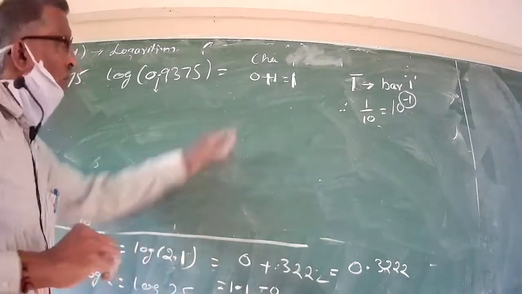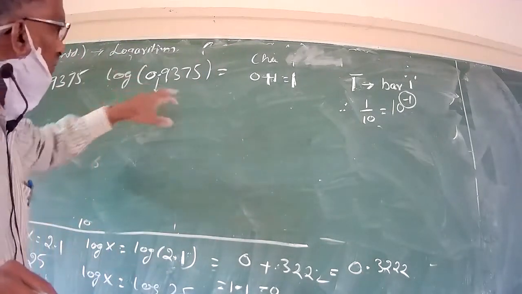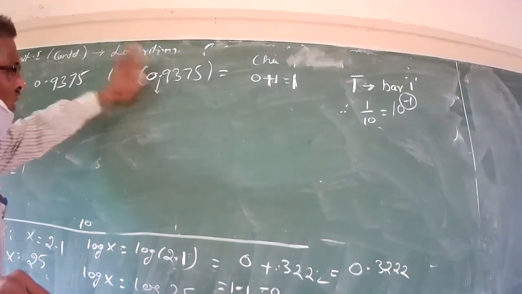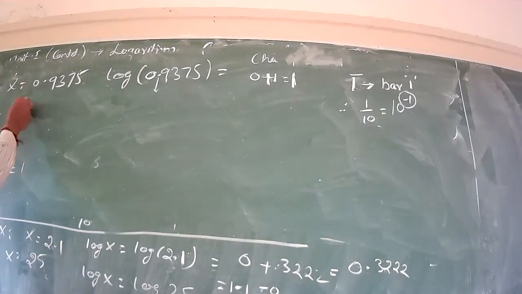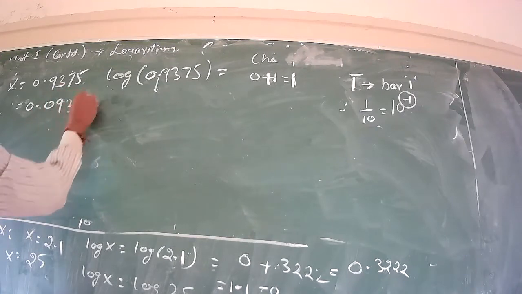Next, to find the Mantissa part, consider one more example. Suppose the number is 0.09375.